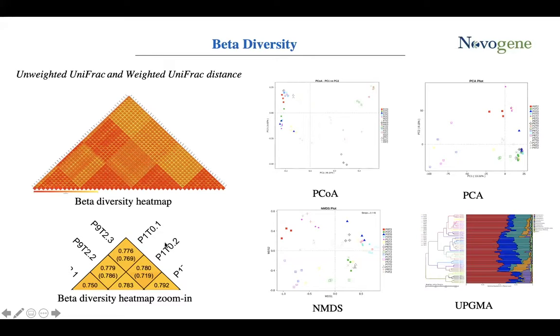Each grid here represents a pairwise dissimilarity coefficient between pairwise samples, and weighted UniFrac distance is displayed above, and unweighted UniFrac distance will display below. So the smaller the value, the smaller the species diversity difference between the paired samples.